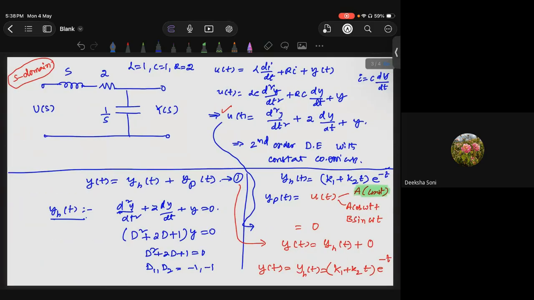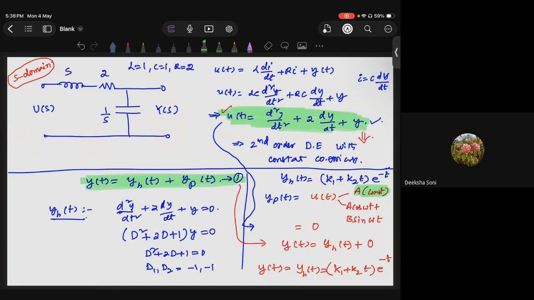So the key point is this one. Second order differential equation. When you have a second order differential equation, this is the general form. That is one way. The other way is you don't need to get into this form. Directly you consider this equation, apply the Laplace transform, get the y of s expression and take the inverse Laplace.